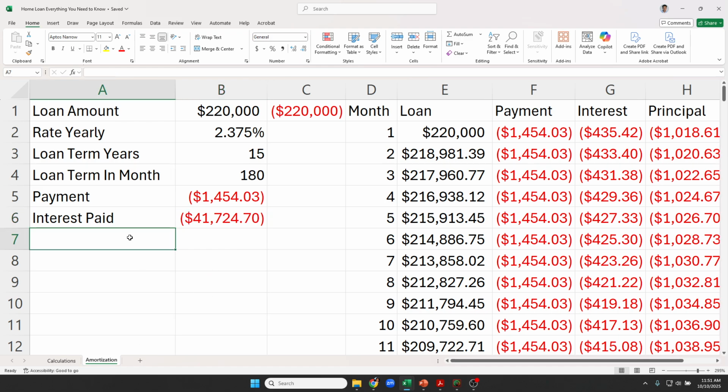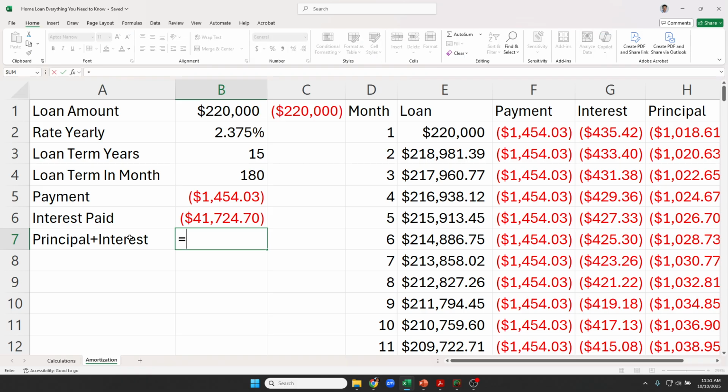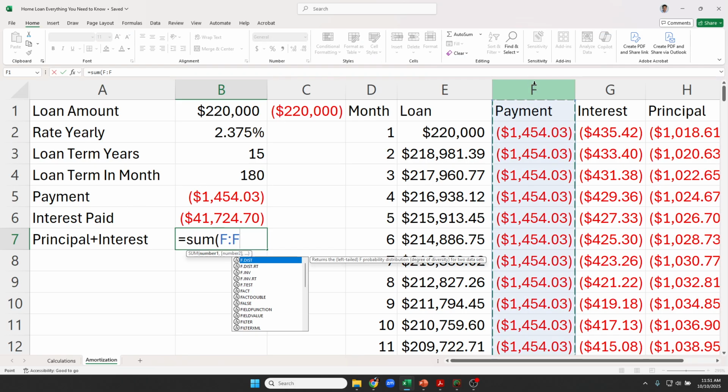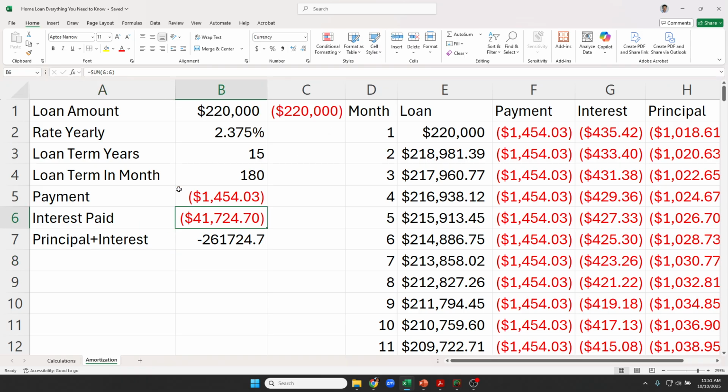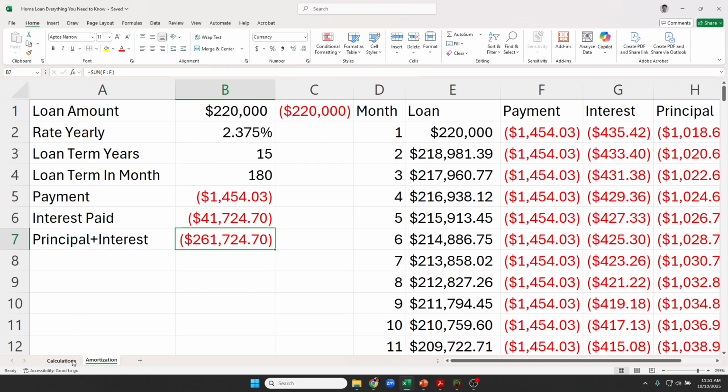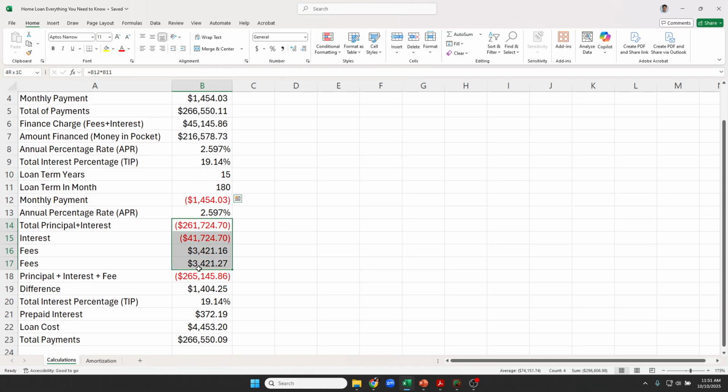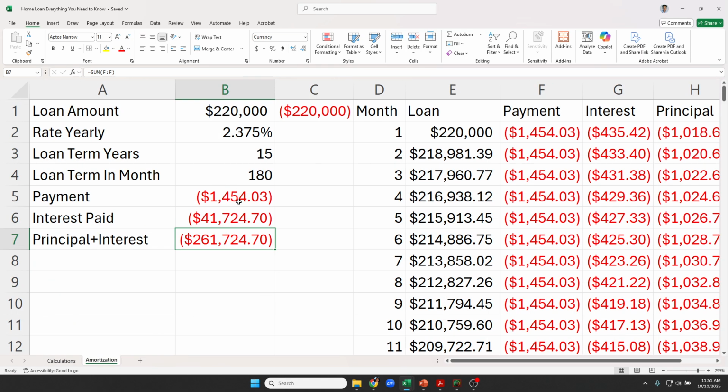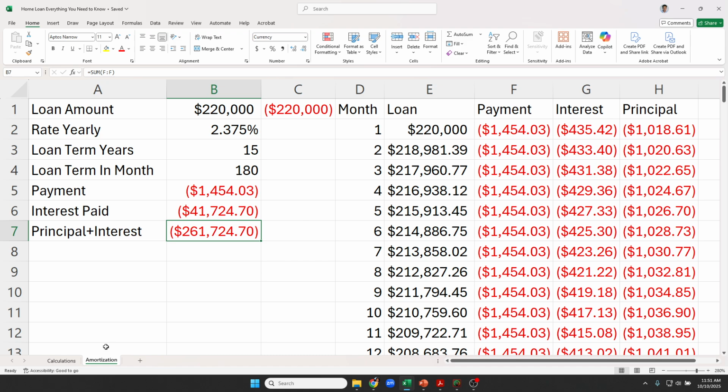The total principal plus interest should simply be this monthly payment times 180. That will be exactly the same as the number we calculated in the previous calculations as well. So these numbers are exactly the same as what we calculated here. So this completes the loan amortization schedule.